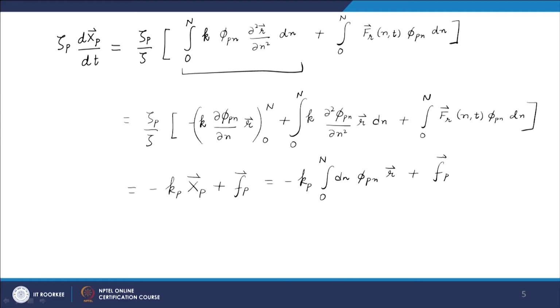So, one possible way is we look at the term by term in the two expressions I have written.